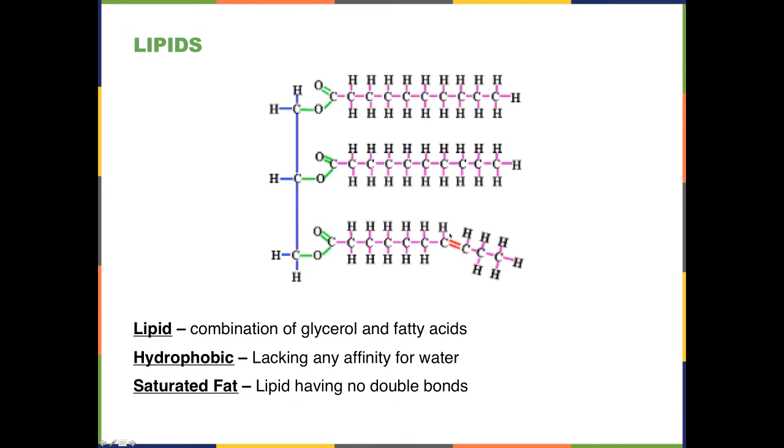Because there's a double bond, that's called an unsaturated fat. So in fats where all 3 of these have all single bonds, that's known as a saturated fat. What it essentially means is it's saturated with hydrogen. But because it has this double bond, it's called an unsaturated fat.